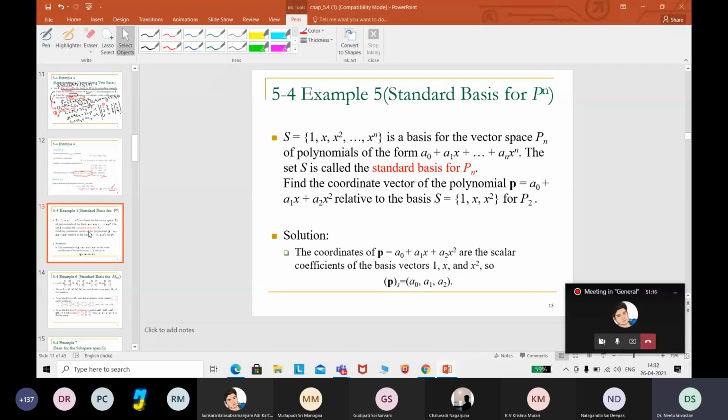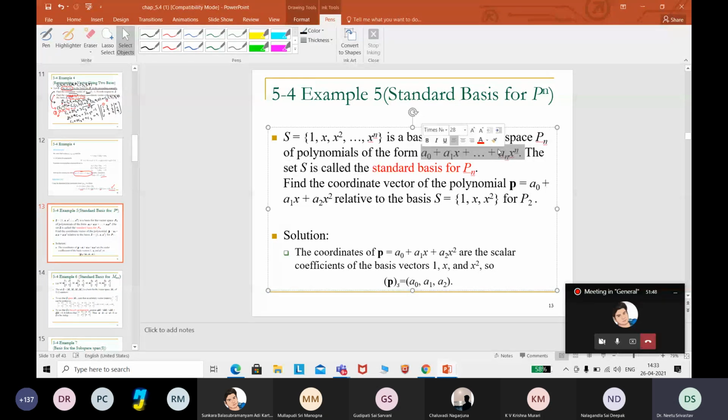Then next is standard basis. Standard basis for polynomials, Pn. So here you have S as 1, x, x square, up to x raised to the power n. It is a basis for the vector space Pn. And the polynomial is also given as a0 plus a1x plus so on up to an x raised to the power n.